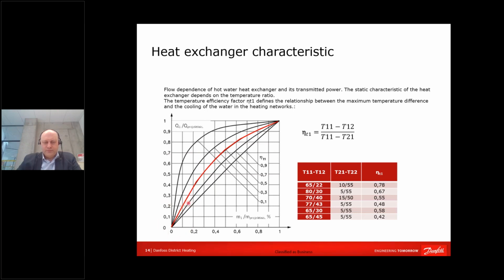So the most difficult point for controlling in the station is domestic hot water, and especially low flow, where a small change in the flow gives high power capacity, we may say so.